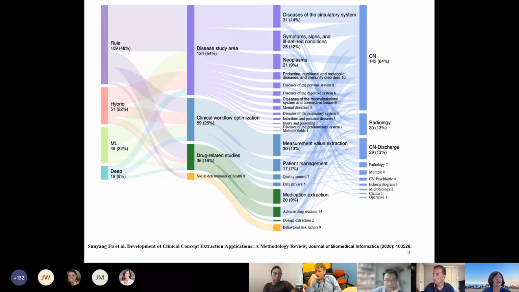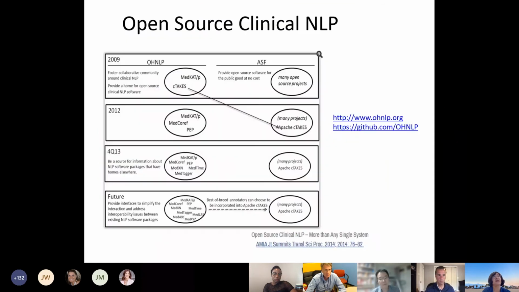The majority of the systems for extracting clinical concepts are using a rule-based approach. Some are using hybrid, and some use machine learning, and we have some using deep learning, which is about 8%.